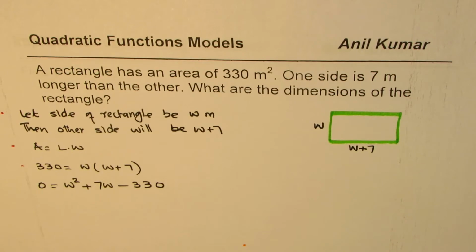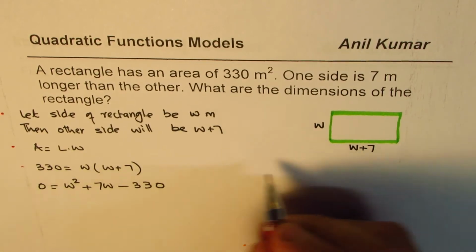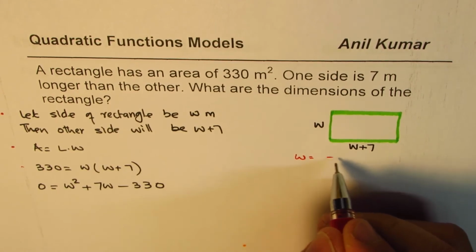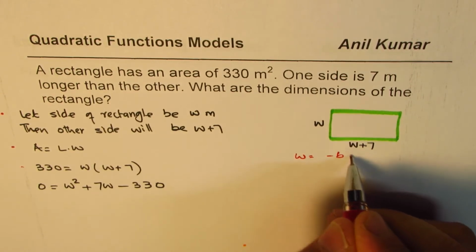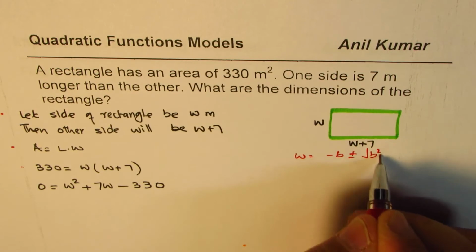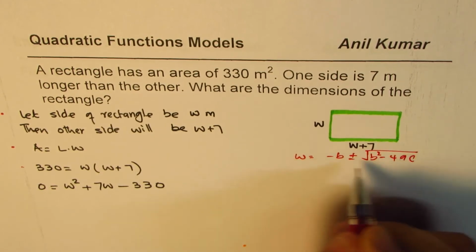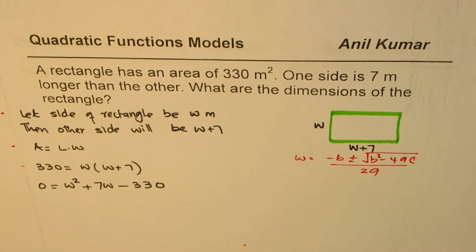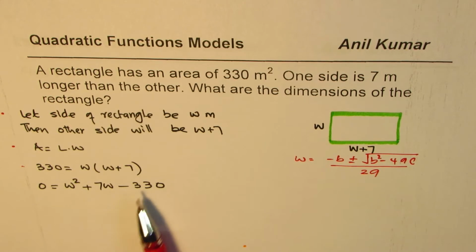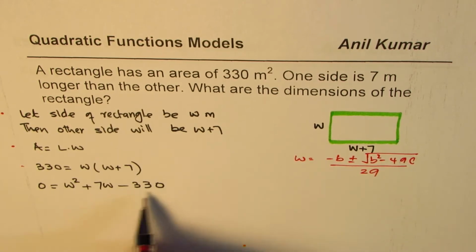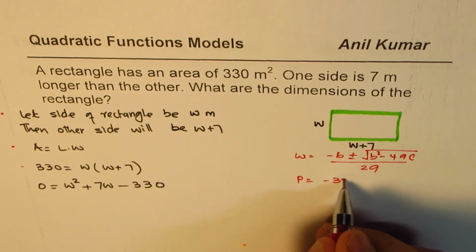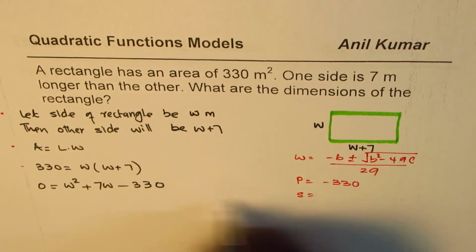If you're using the quadratic formula, the width w should be equal to, the formula is minus b plus minus square root of b square minus 4ac divided by 2a, right? So that's the quadratic formula which could be used. Or you could do product and sum. If you do product and sum, you're looking for a product of minus 330 and a sum of plus 7.